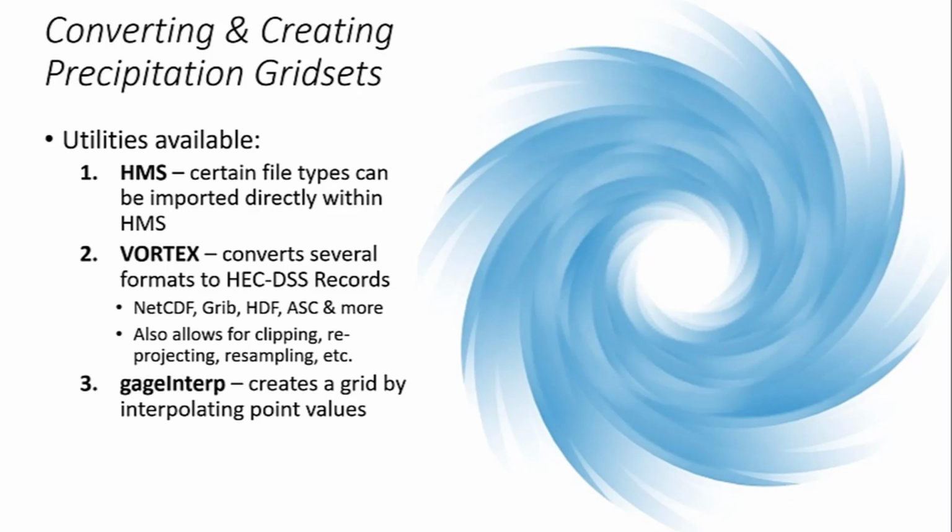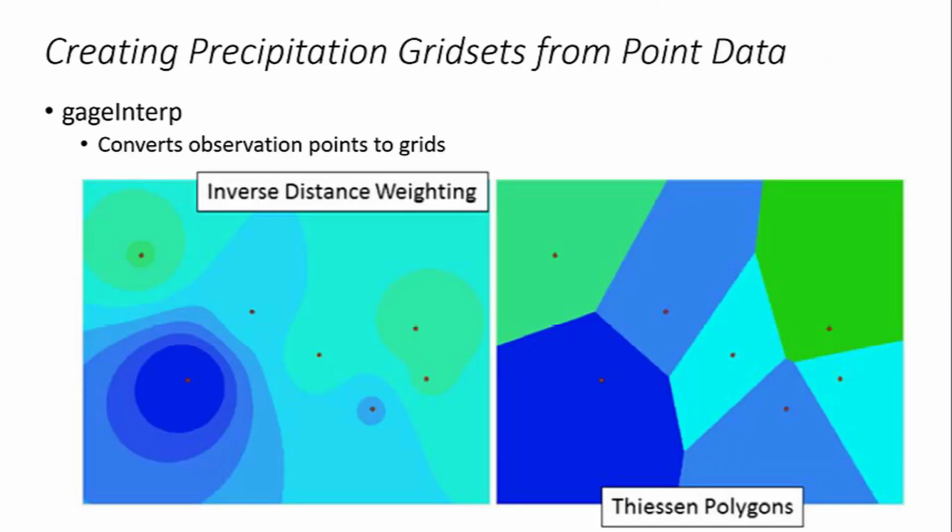GaugeInterp is another tool that creates grids by interpolating point source data, such as precipitation gauges. GaugeInterp is particularly useful if gridded products are not available in your region or for historic events that you'll be calibrating to.